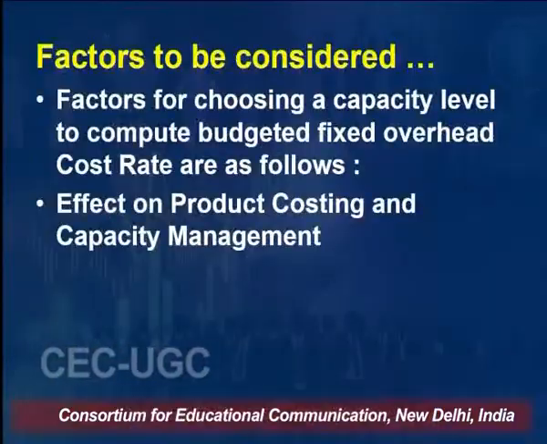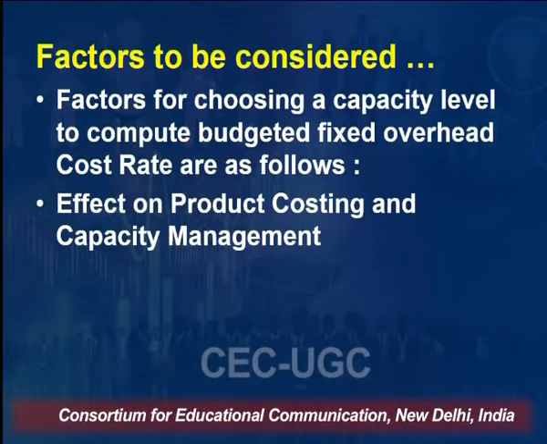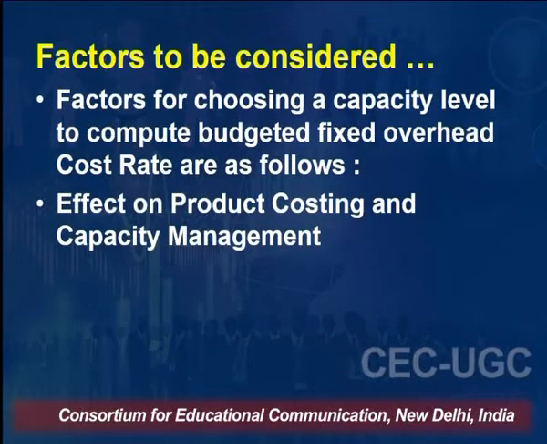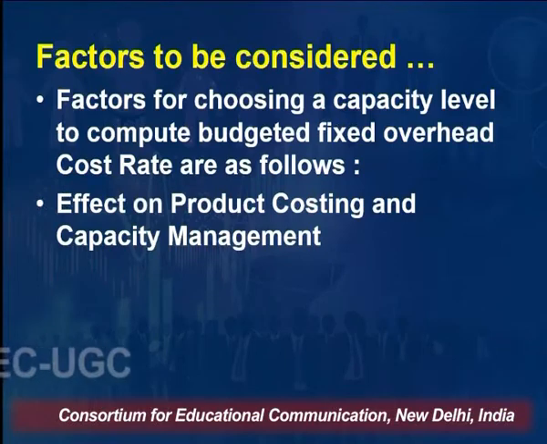First one is the effect on product costing and capacity management. While computing the product fixed overhead cost rate, we have to examine the impact of it on product costing and of course the capacity management. Suppose my plant has a capacity of say 10,000 units, and I am using more than 50% of it, or say 60% of it, which means I am manufacturing 6,000 units.